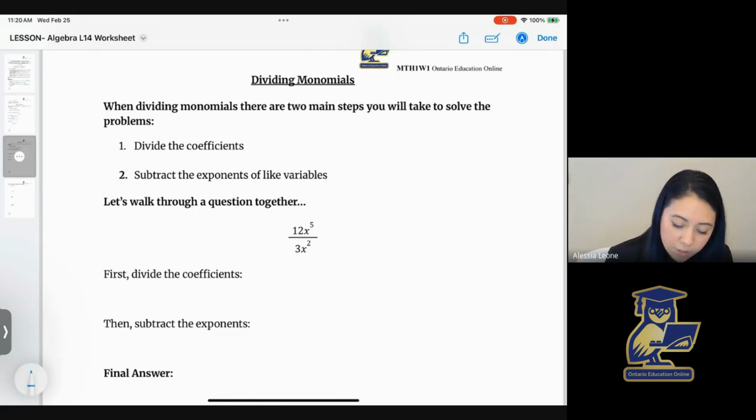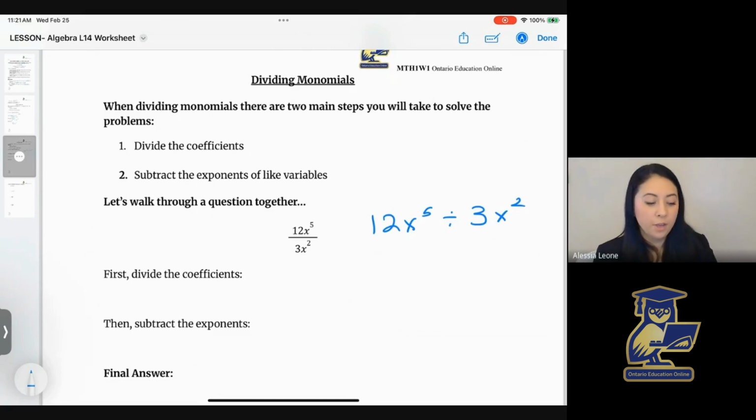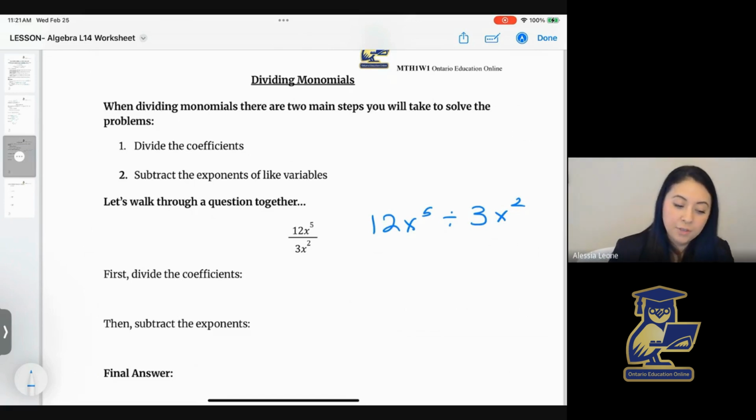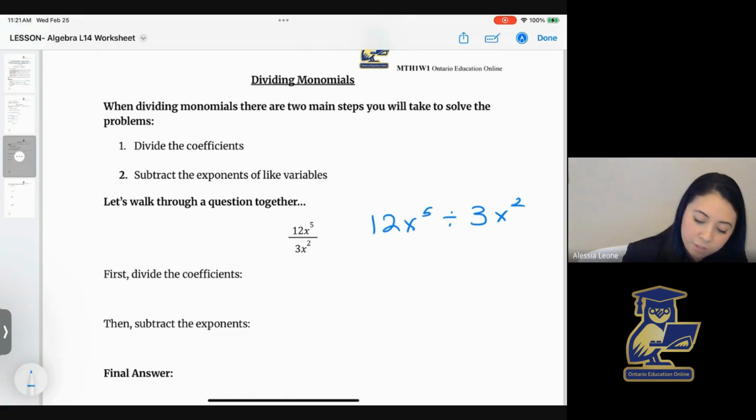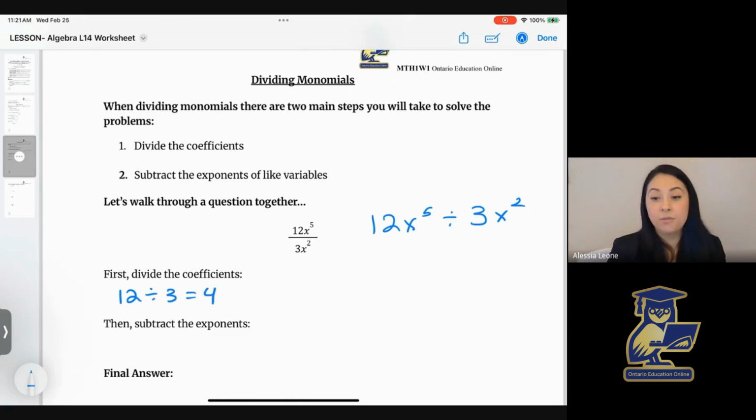Let's walk through the question. We have 12x to the power of 5 divided by 3x to the power of 2. I'm going to rewrite that like this, just for another visual. So first, we have to divide the coefficients. Divide the big numbers. 12 divided by 3 is 4. We have our first part already.